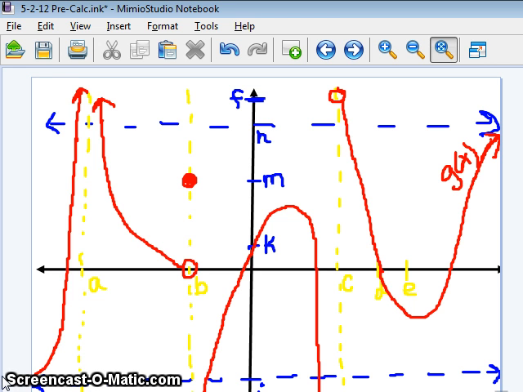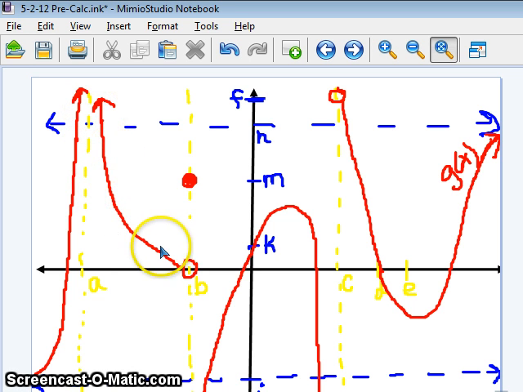Question number 3. It asks us the limit of g of x as x approaches a, and then there's a little plus after the a. What does that mean? We're approaching from the positive side. As x approaches from the positive side, we're moving from the right.